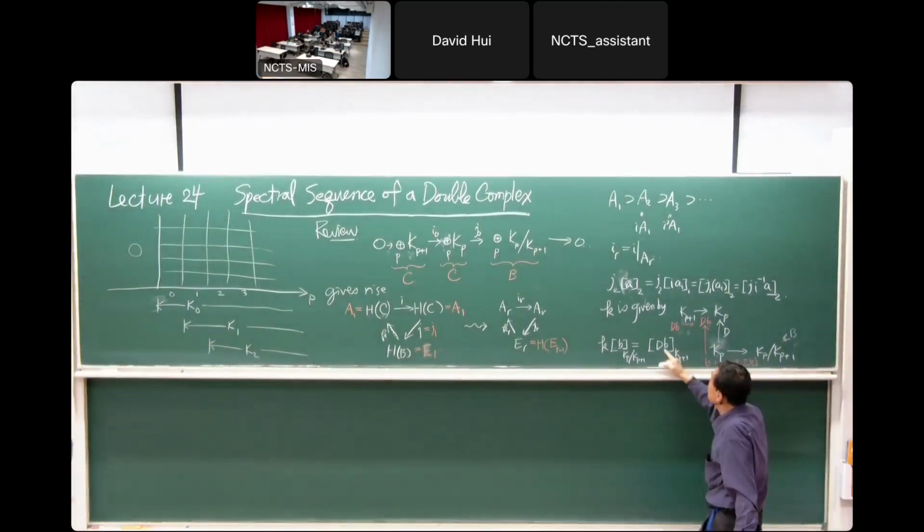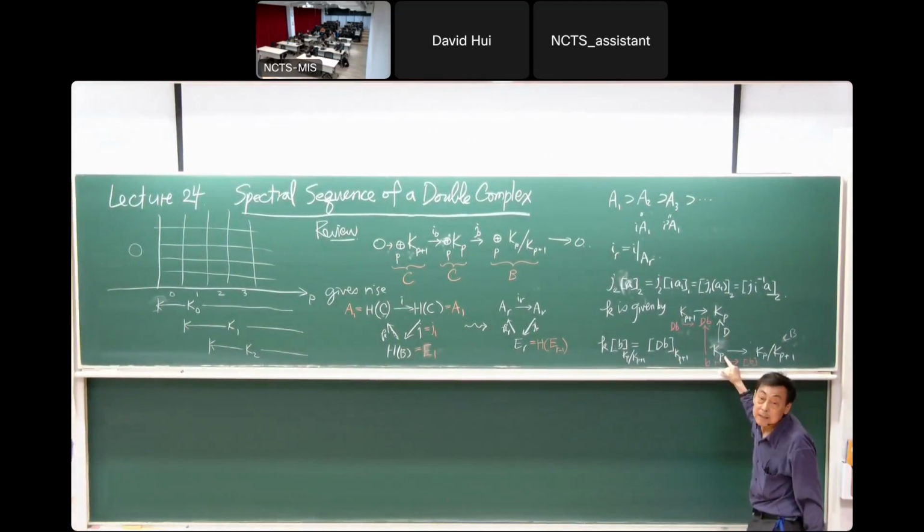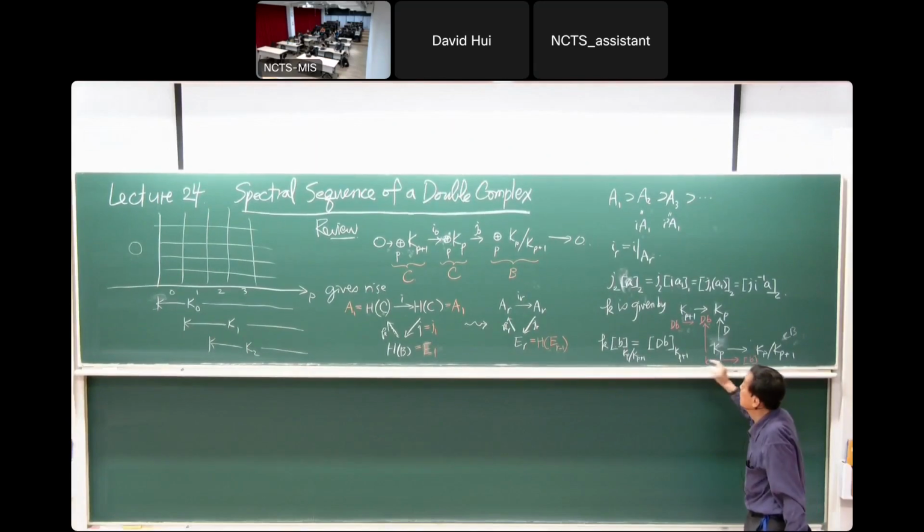But b is in K_p, okay? So this is not an exact form in K_{p+1}.